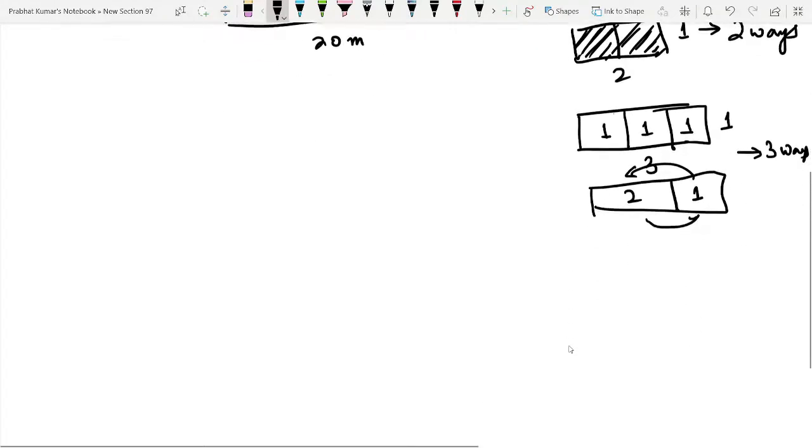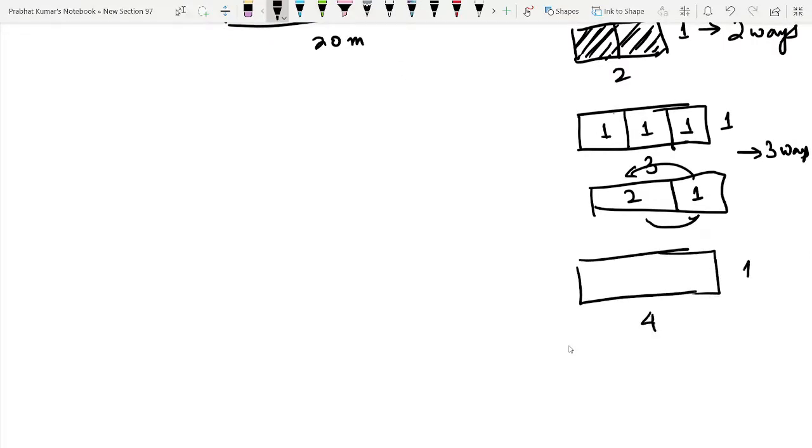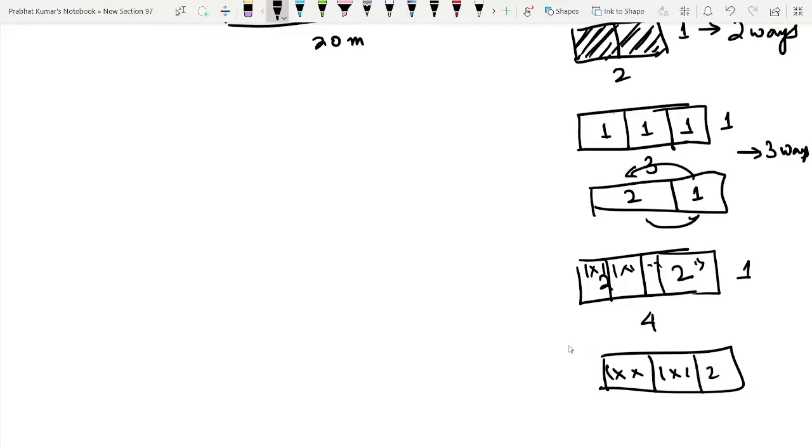Similarly, let's look at the next case where you have a 4 cross 1 floor. Let's see how many ways we can tile. One way will be to use a 2 cross 1 tile here and a 2 cross 1 tile here. Then we can have 1 cross 1 tile 4 times side by side. In another case we may have a 1 into 1 tile, a 1 into 1 tile and then a 2 cross 1 tile.